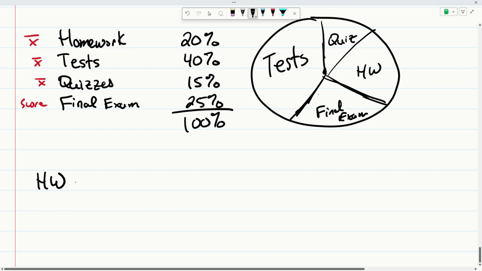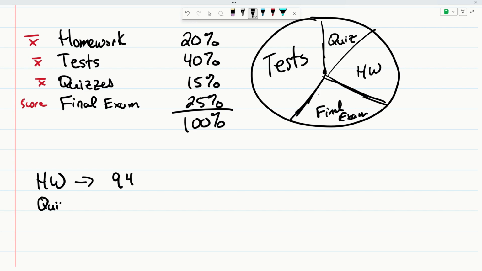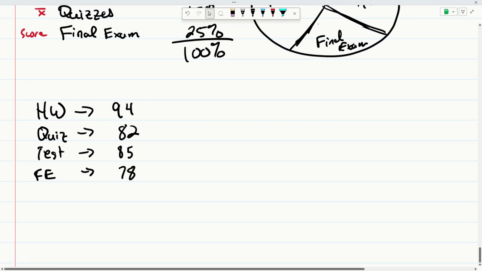My average homework score was a 94. My average for the quizzes, 82. My average for the test, 85. And then my final exam, 78.